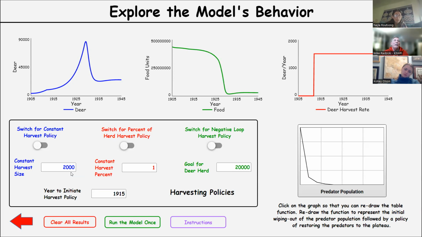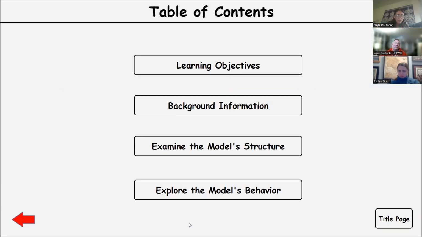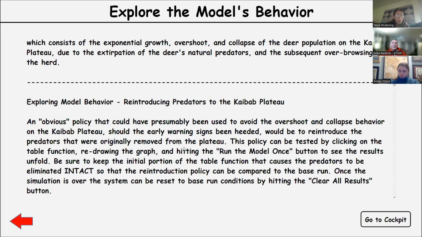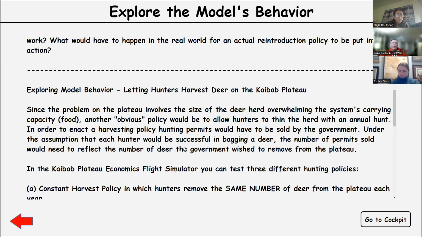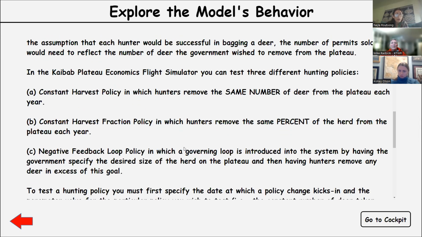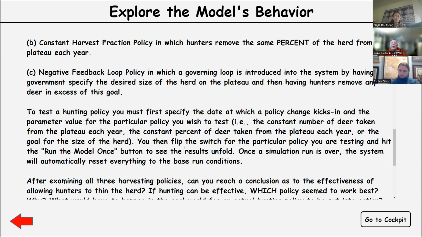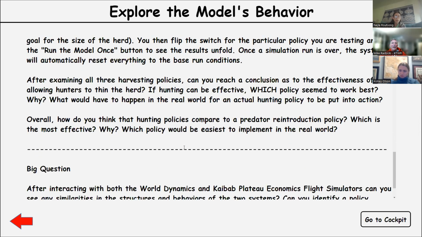So you mean the switch, what the switch means? Yeah, exactly. The switch, like for instance, these policies, because I've tried to play around with some flight simulators and had no idea what the policies were. Yeah, I can't remember what I said here, but there's supposed to be. Okay, it's there. It's under this model behavior.